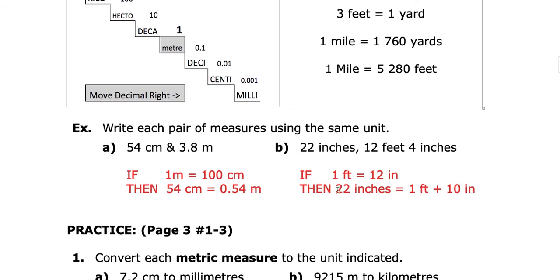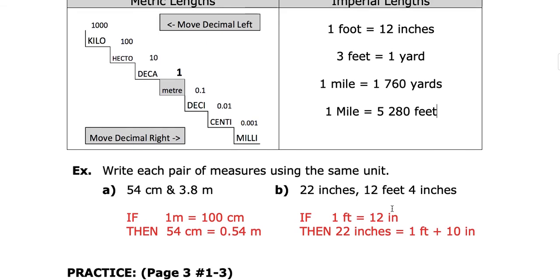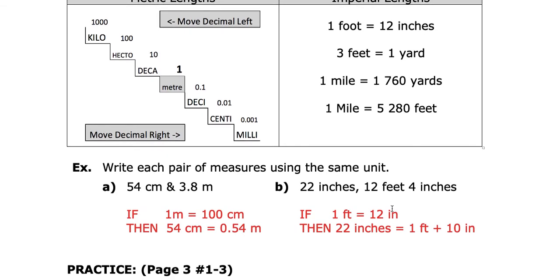If 1 foot is 12 inches, then 22 inches is 1 foot and 10 inches. Remember that if a foot is 12 inches, we can skip count using 12, so 12, 24, 36, and so on, until we exceed the value. A chart can be drawn in order to make this conversion.